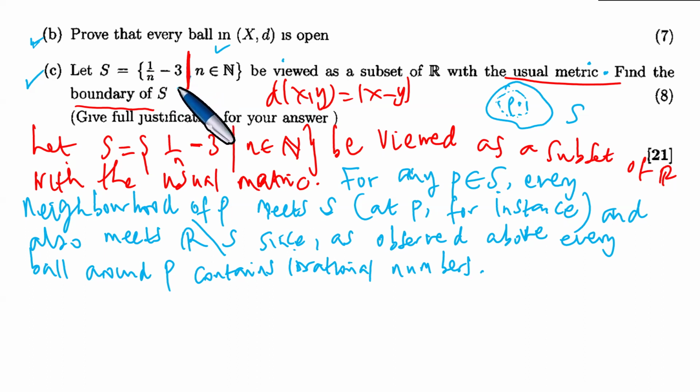And now if P would be minus 2 and you take an open ball around minus 2 on the real line, an interval on the real numbers, surely, to the left and the right of minus 2, you'll find some irrational numbers. So that is true, indeed we find some irrational numbers.